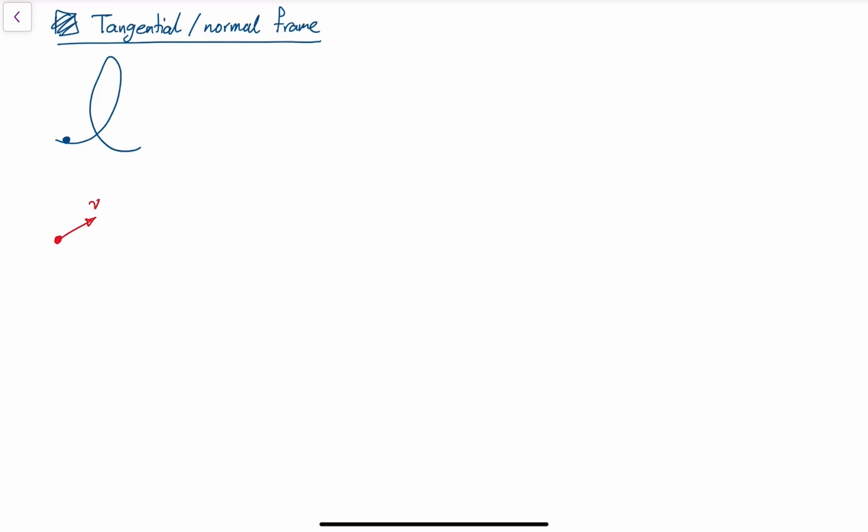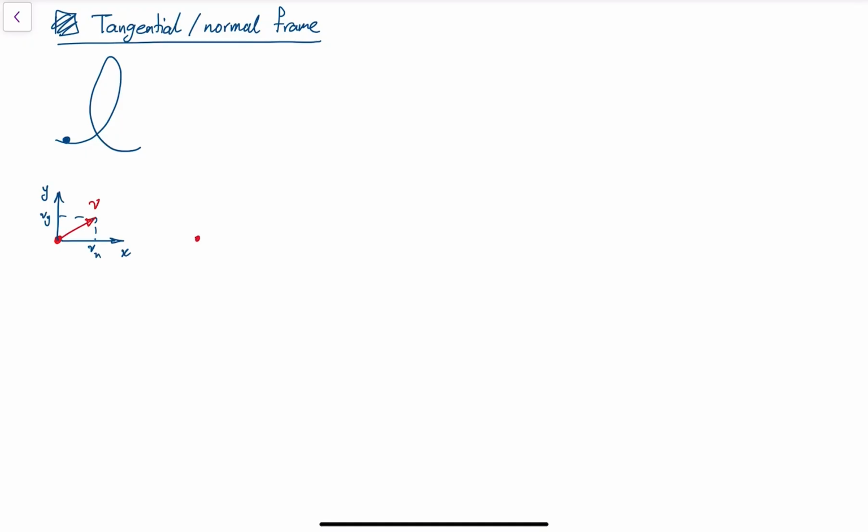In the past, with the rectangular frame, we chose to have some x and y frame perpendicular to each other and often perpendicular to the page or to the world. And we describe this velocity with a component along x, vx, and a component along y, vy. But the velocity of the particle is a bit stubborn. It doesn't care how you're looking at it.